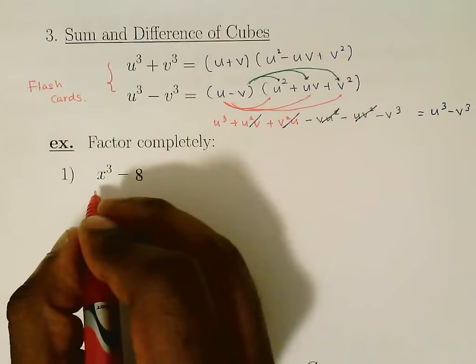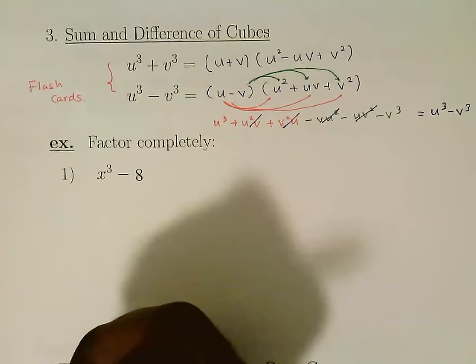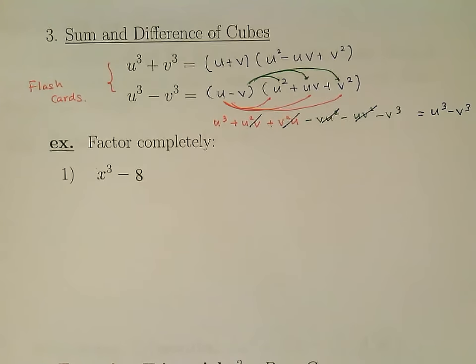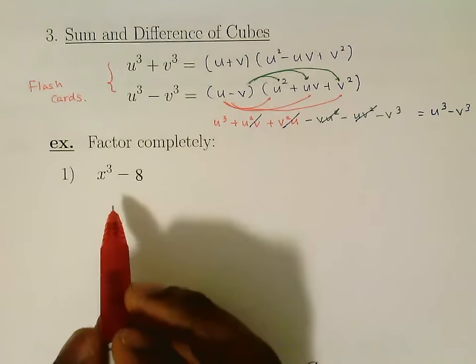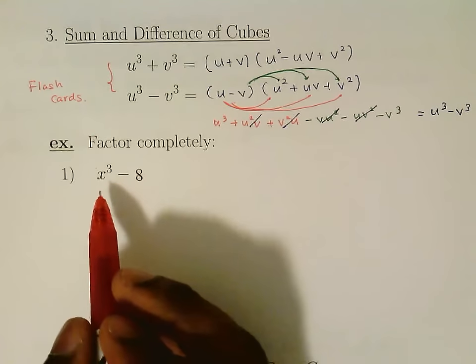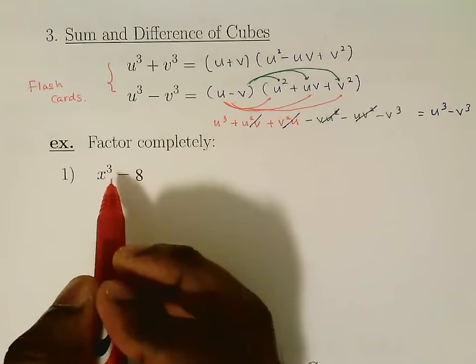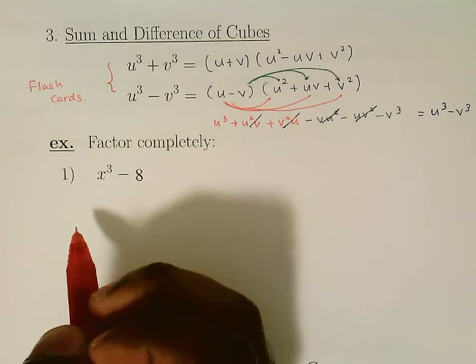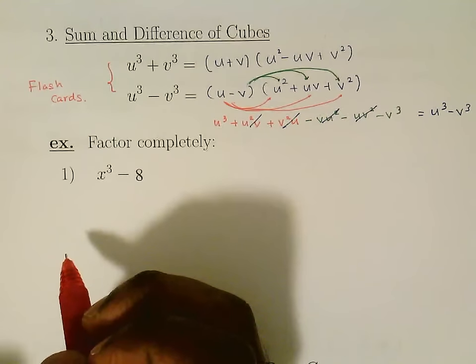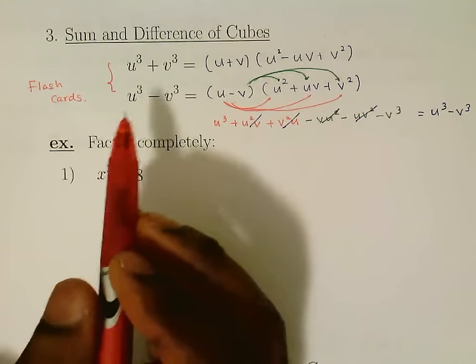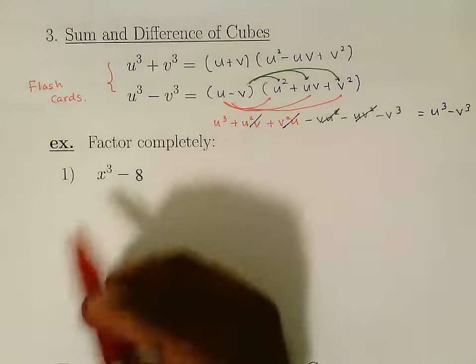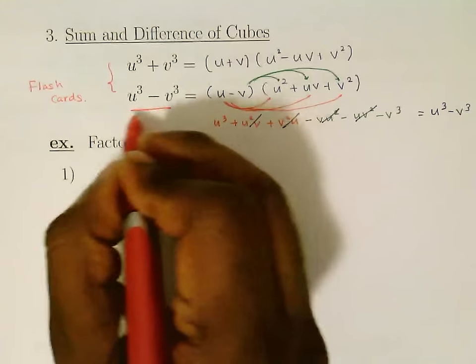For example, here you have x cubed minus 8. You look at this formula and look at the expression, and you can see that it's a binomial expression, and one of the terms is clearly a cubed term, which suggests using the two cubes formulas. Here I would use this.